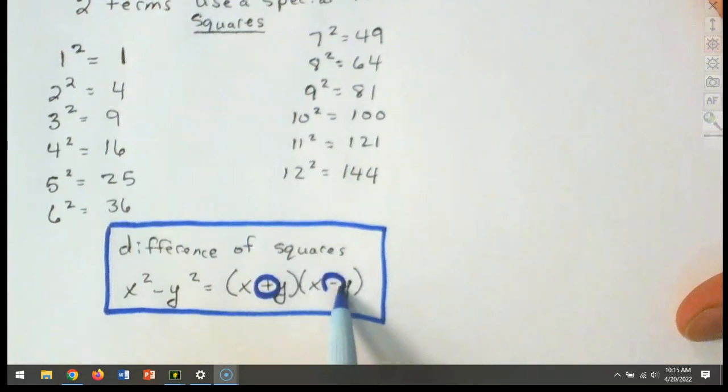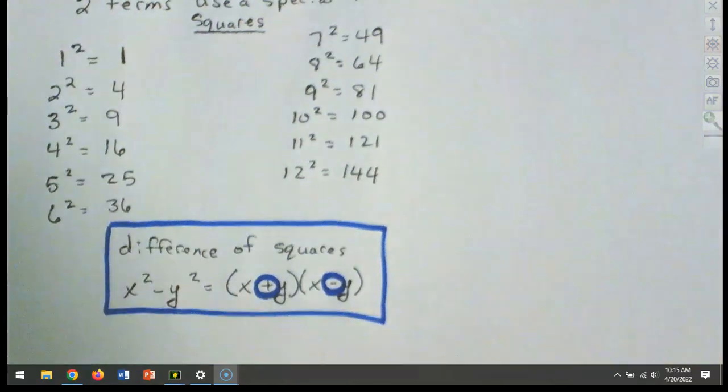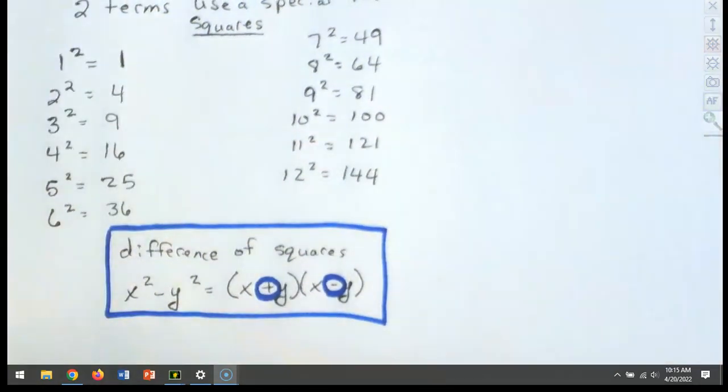That's what we need to worry about. We notice that one is positive and one of them is negative. To use a difference of squares, they've got to have two terms, and everything has to be squares. So we'll start off with a really, really basic one here.